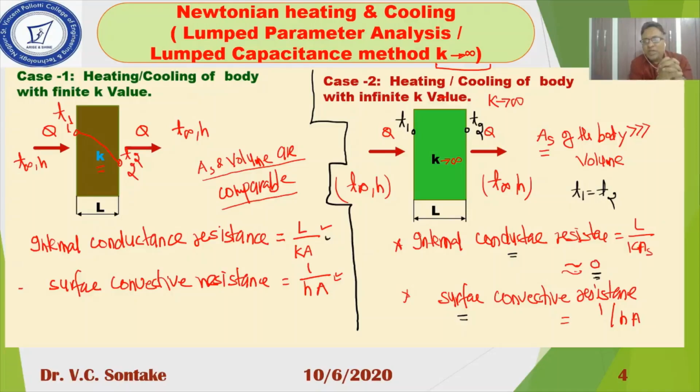And if Newtonian heating or cooling is taking place, to find out the temperature of the body under such condition, I can apply lumped parameter analysis or the lumped capacitance method to find out the variation of the temperature of this body, which will be a function of time. So this is basically the foundation theory behind the lumped parameter analysis and its application.